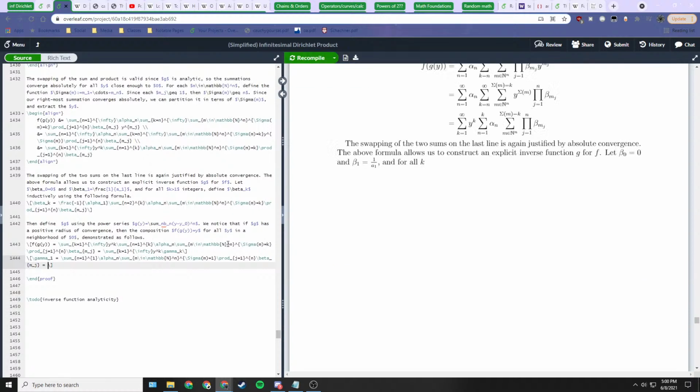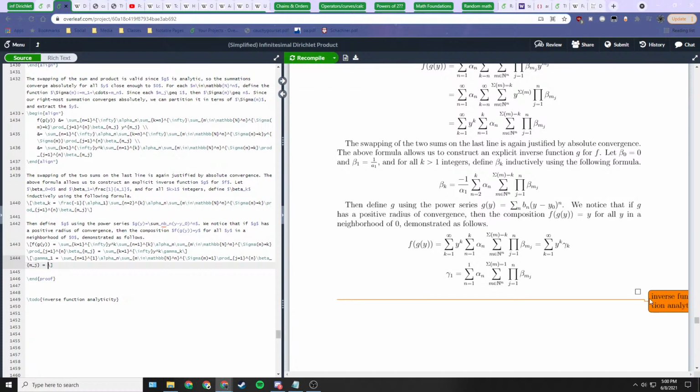and this just sort of breaks down to, we get alpha sub 1 times this whole mass. We have actually just beta sub 1, which is just 1.